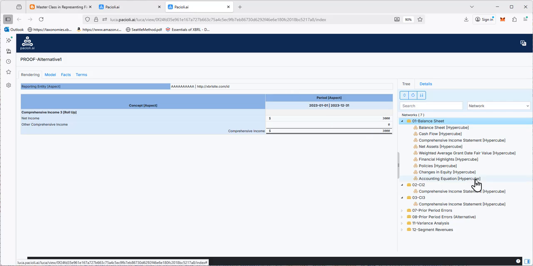But there are ramifications and consequences for allowing this. Software has to be smarter because it has to be able to separate these hypercubes correctly, and a lot of applications cannot handle multiple hypercubes in one network. But anyway, that's the point I want to make.